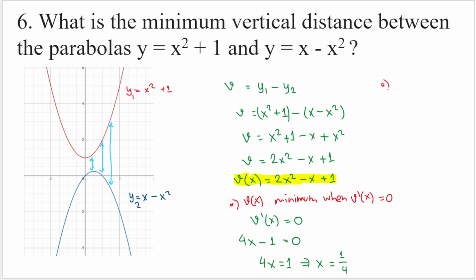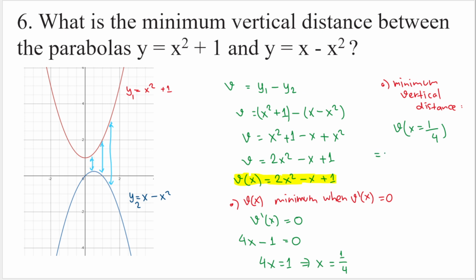So the minimum vertical distance, I will have v when x is equal to 1/4 or a quarter.